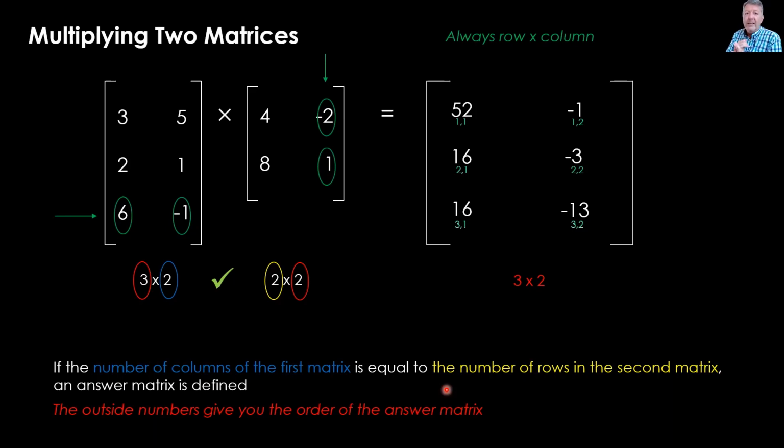The columns in the first matrix match the rows in the second matrix. Then cover up the ones you don't need. You lay out which position is which, and then you multiply the row by the column and add the two pairs in between.